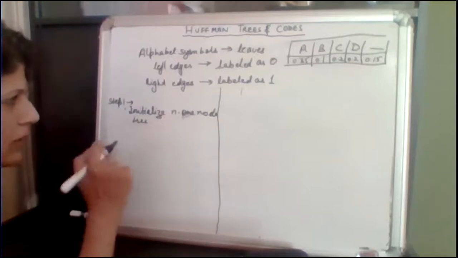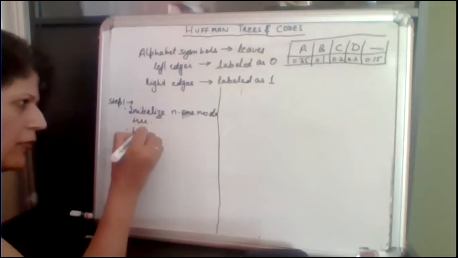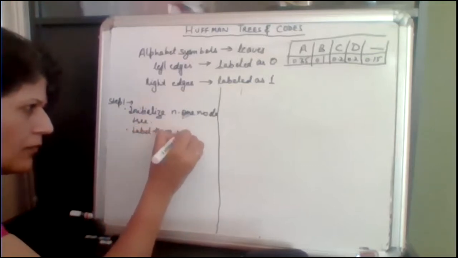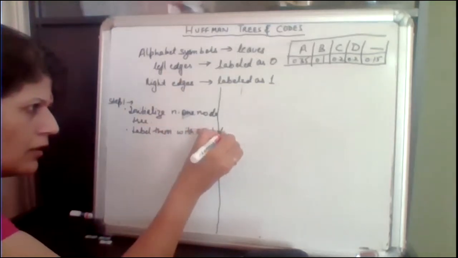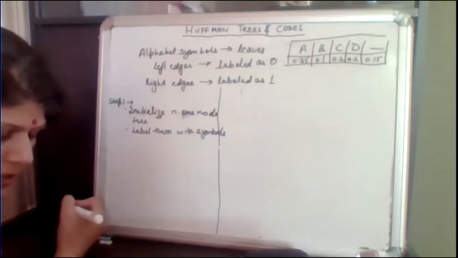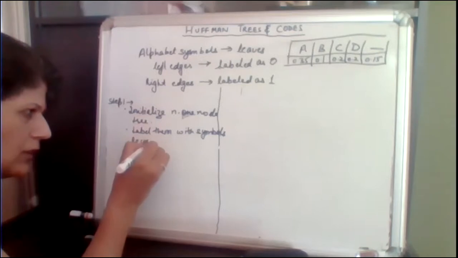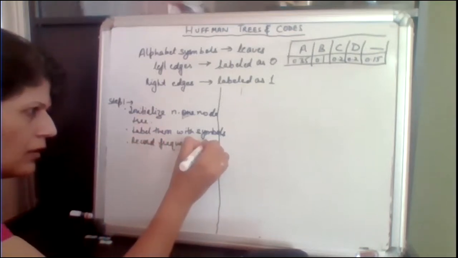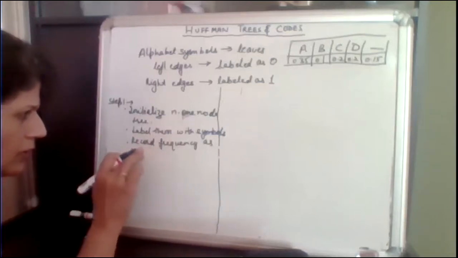What does this mean? Initialize the n one-node trees and label them with the symbols, because there is one node, so that is the root node, and record the frequency as the tree weight.